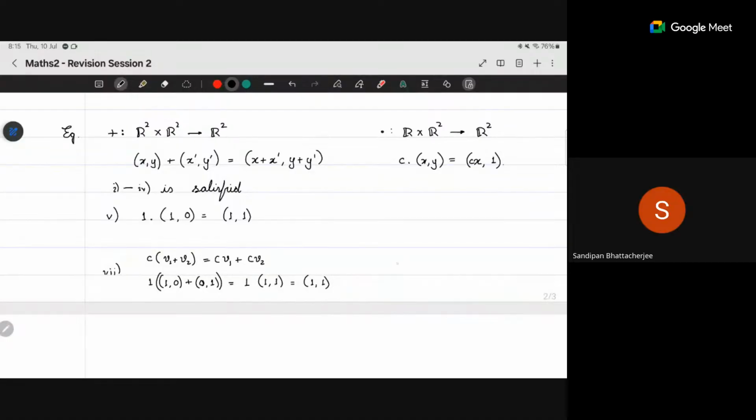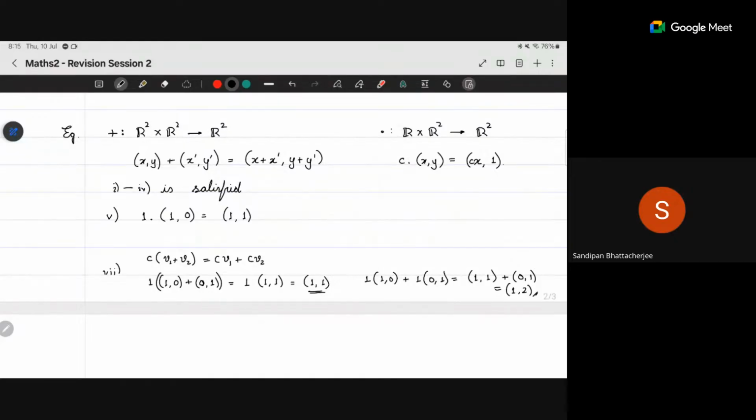On the other hand, the right-hand side is 1 times (1, 0) plus 1 times (0, 1). That is (1, 1) plus (0, 1), which should come out to be (1 plus 1, 2). So this is not equal to this.